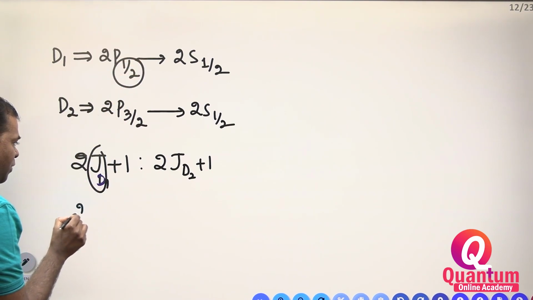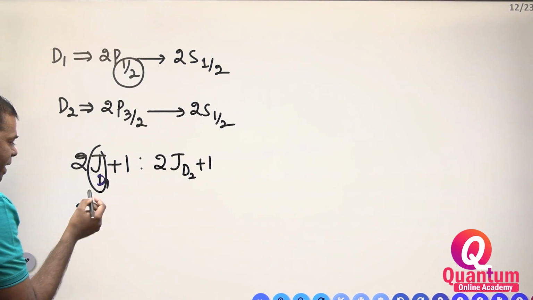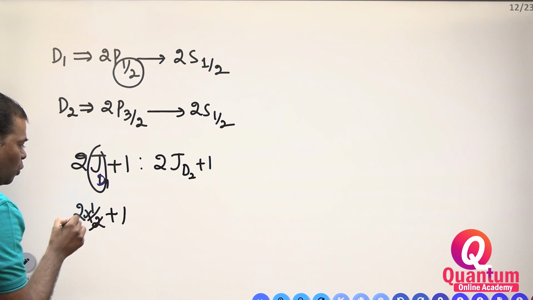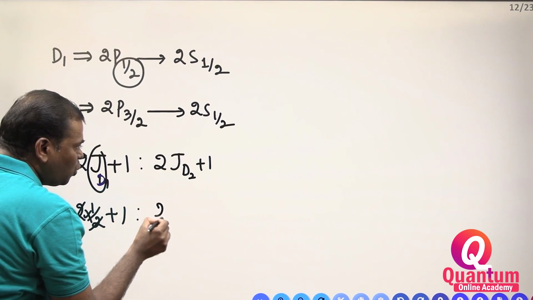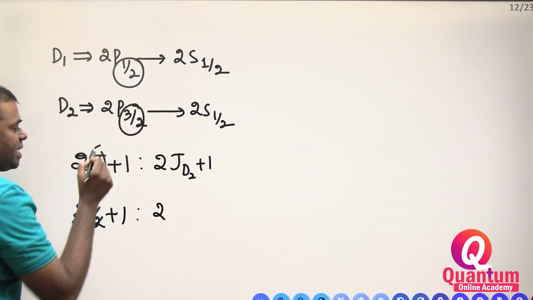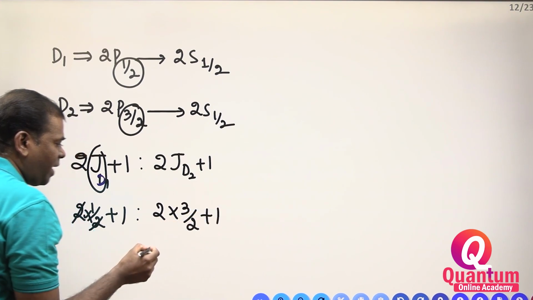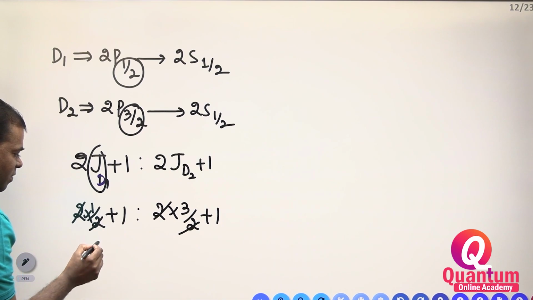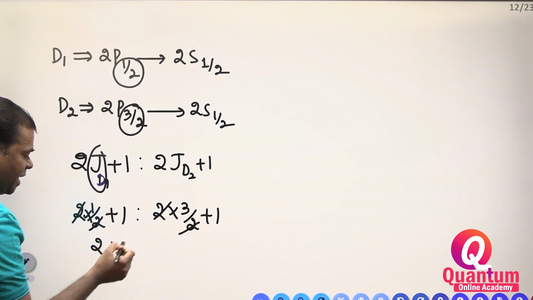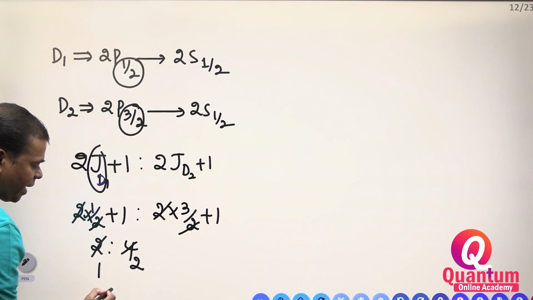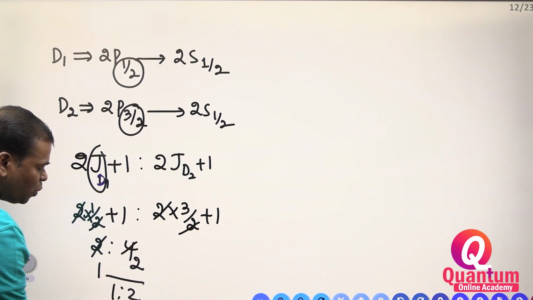For D1 the J is 1/2, so you take the initial J: 2 into 1/2 plus 1, which is 2. For D2, J is 3/2: 2 into 3/2 plus 1, which is 4. So how much are you getting? 1 is to 2.